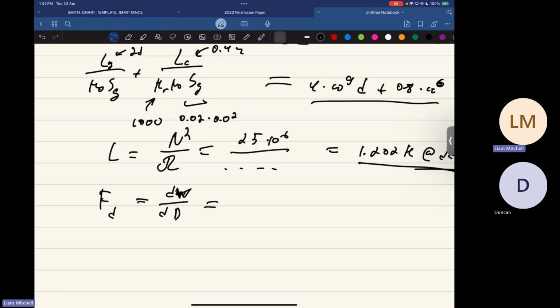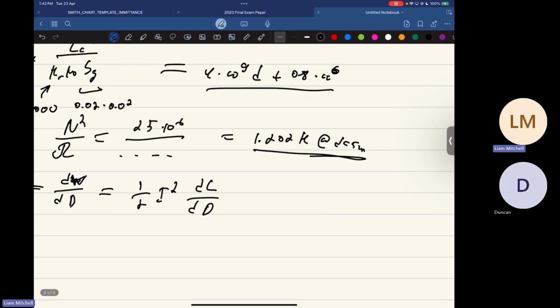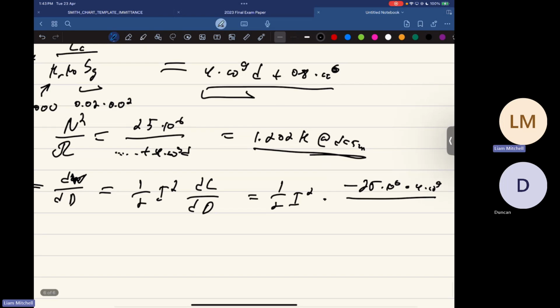This is going to equal one half I squared dL over dD, because our current stays constant in this case, and L depends on D as a constant plus 4 times 10 to the 9 D. If you do the derivative, we get one half I squared times minus 25 times 10 to the 6 times 4 times 10 to the 9, and on the bottom the same denominator squared: 0.8 times 10 to the 6 plus D times 4 times 10 to the 9, squared.